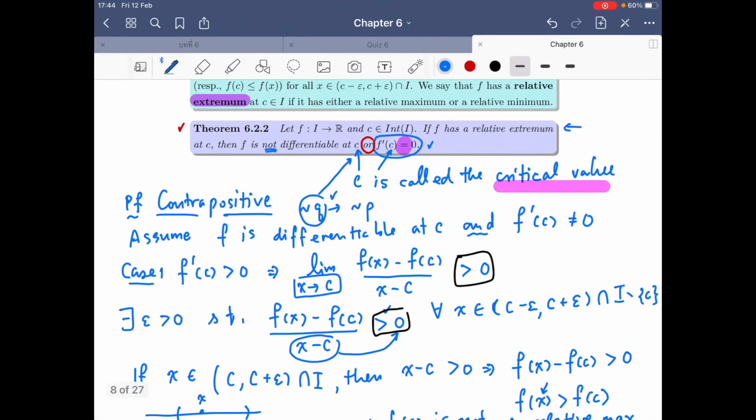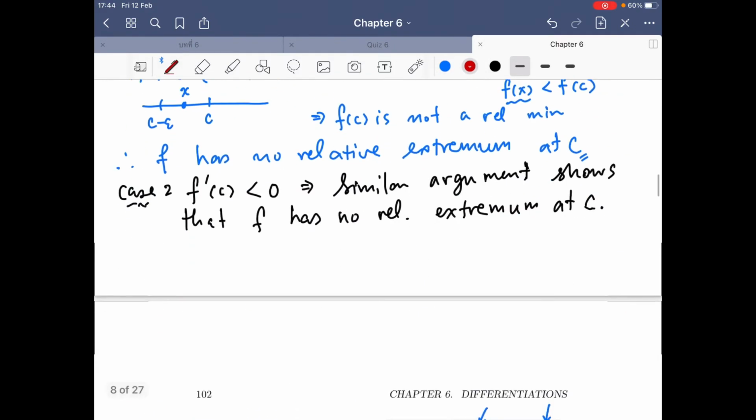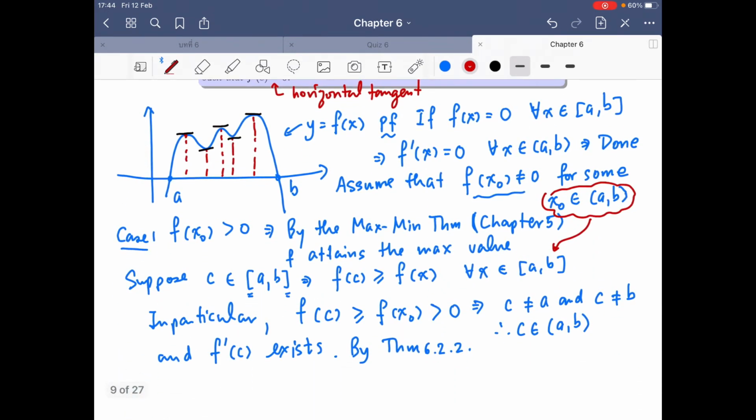It's saying that if your f has a relative extremum, then either your f is not continuous or your f prime is 0, but we already said that your f is differentiable at this particular point. What we have assumed, your f prime exists at this particular point. So by this theorem, the only case that can happen is that your f prime at c must be 0.